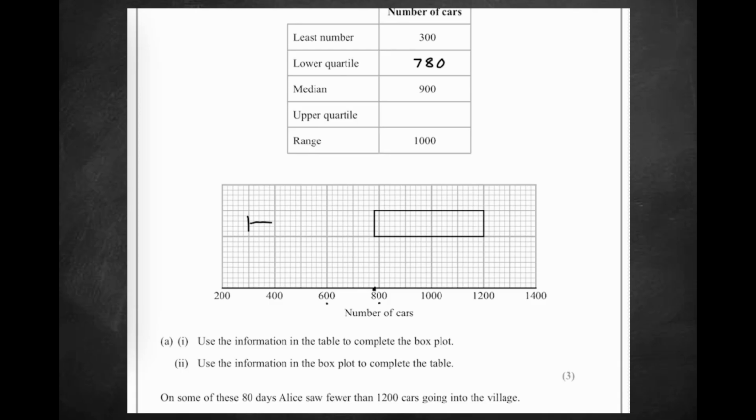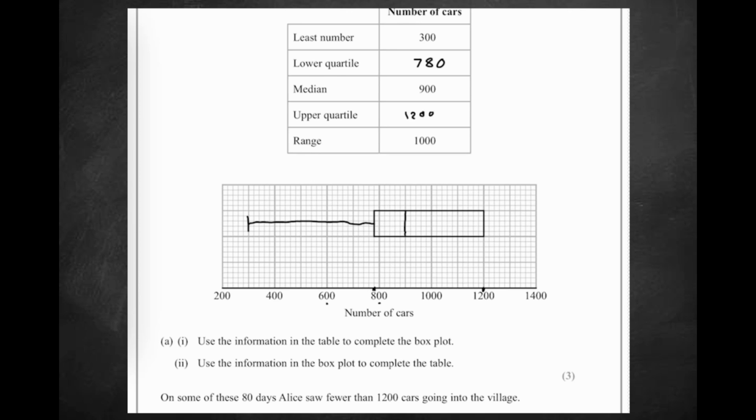So I'm going to draw this all the way to here. The median is 900, which will fall exactly between 800 and 1000, and that I can draw in like that on our box plot. The upper quartile falls on 1200. If we look at the box here, we can see 1200 is the end of the box.